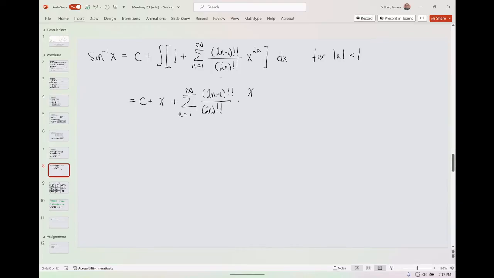What's the new power of x? 2n plus 1, over 2n plus 1. Okay.